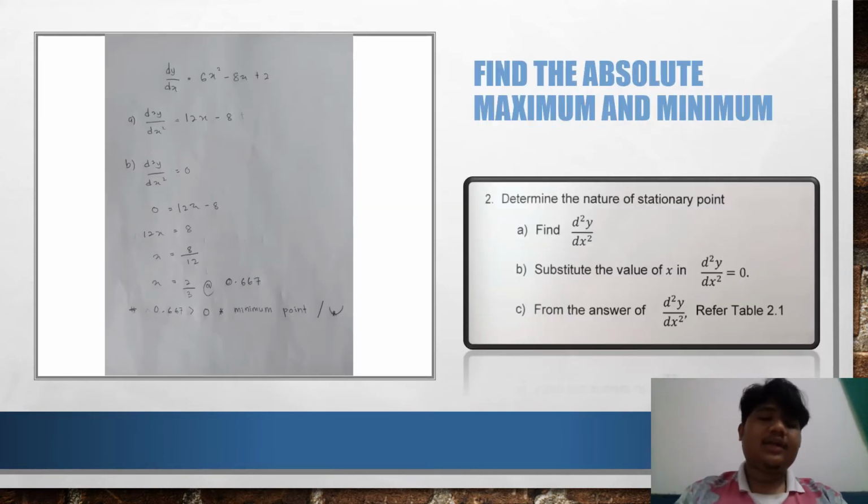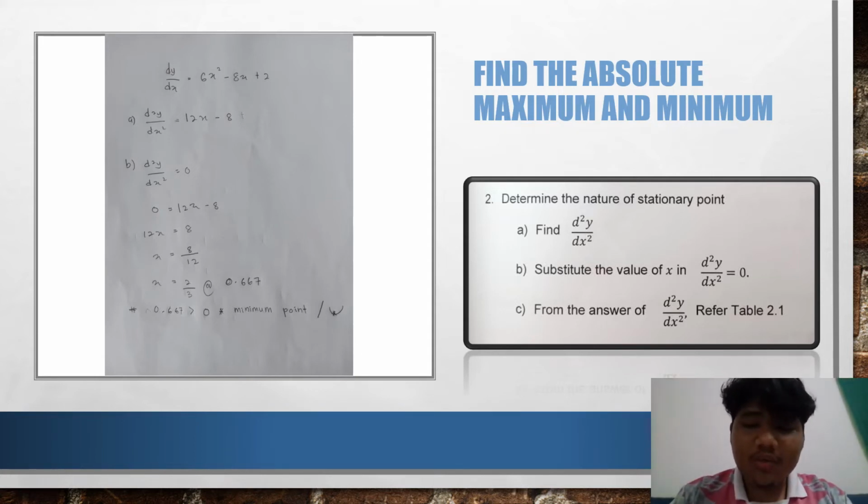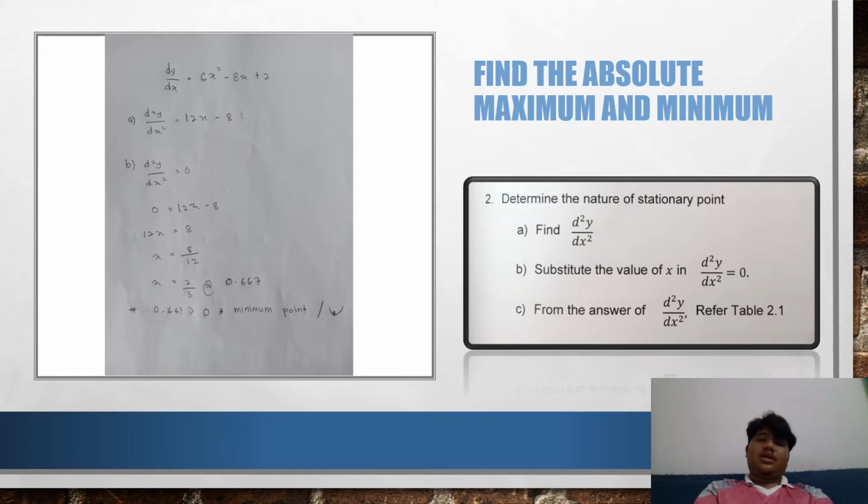Right. In this slide we need to determine the shape we want to draw in the graph. First of all, we have to find the second derivative, d2y/dx2. After we get the second equation, we replace x and the result we get is 0.67.